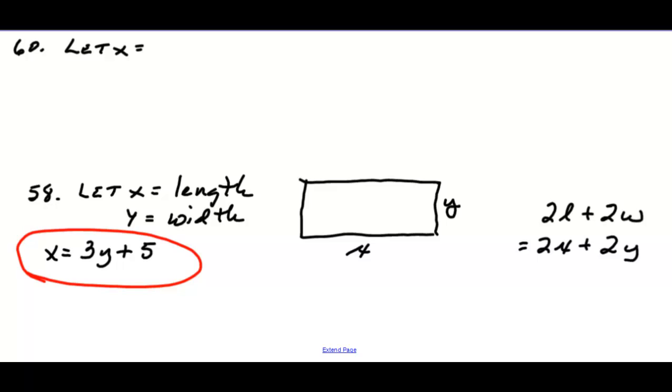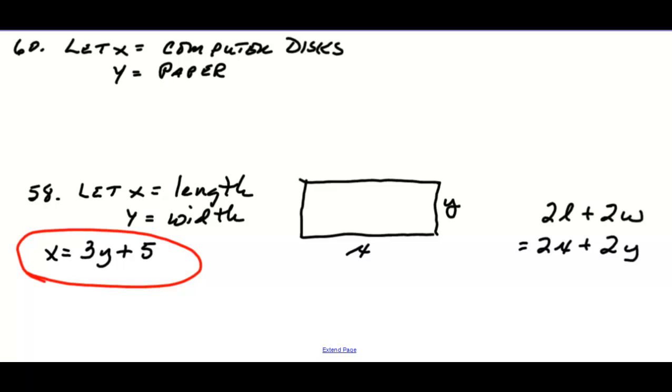We'll let it equal the computer disks. Therefore, y is equal to paper. We could put packages of paper. I'm just saving us a little bit of time.